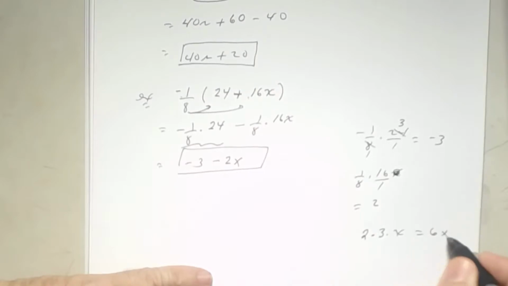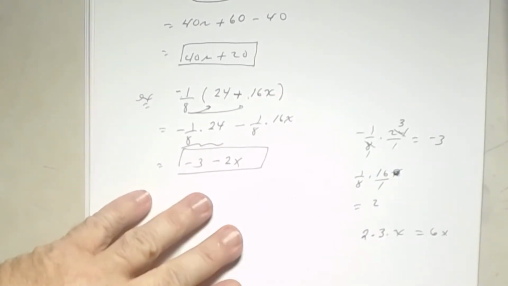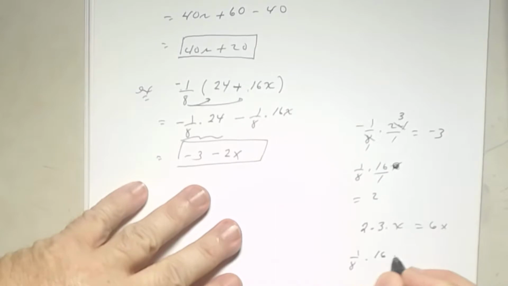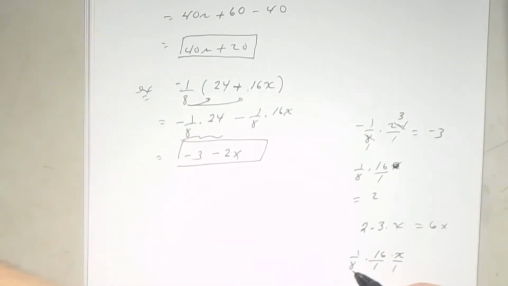So if I have 1/8 times 16 times x, you agree that's 16 over 1. You said divide 8 into 16. Sure, because we're reducing. That's why you can do that. 8 and 8 is 1. 8 and 16 is 2.